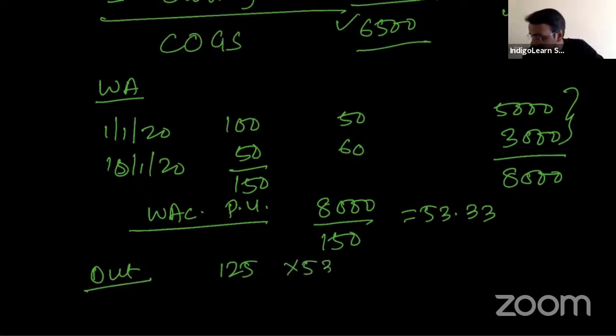This will be done at 53.33, which is 125 multiplied by 53.33. That gives us 6,666. So always remember, for weighted average, we will need to update the rate after every fresh input that we have got, or after every fresh inward that we have got.